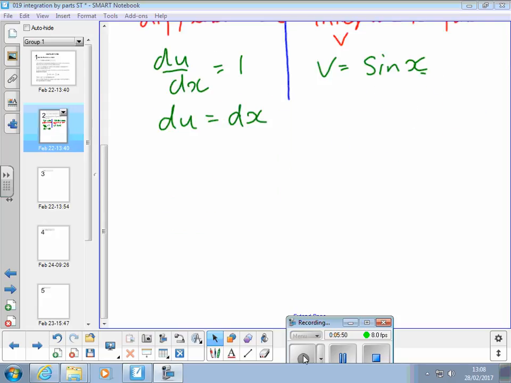What we need to do now is put all of this in the formula for integration by parts.